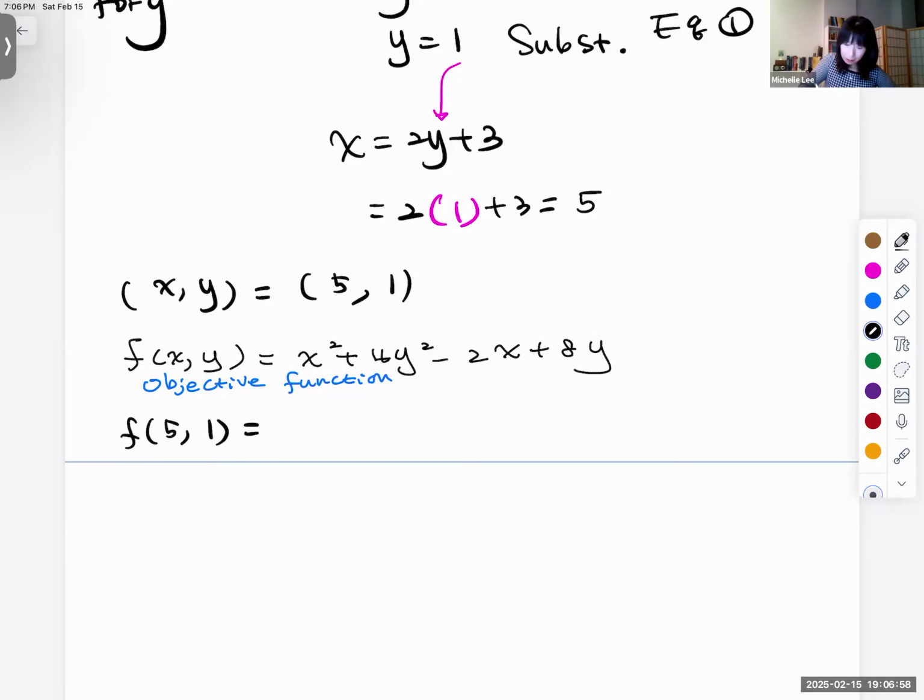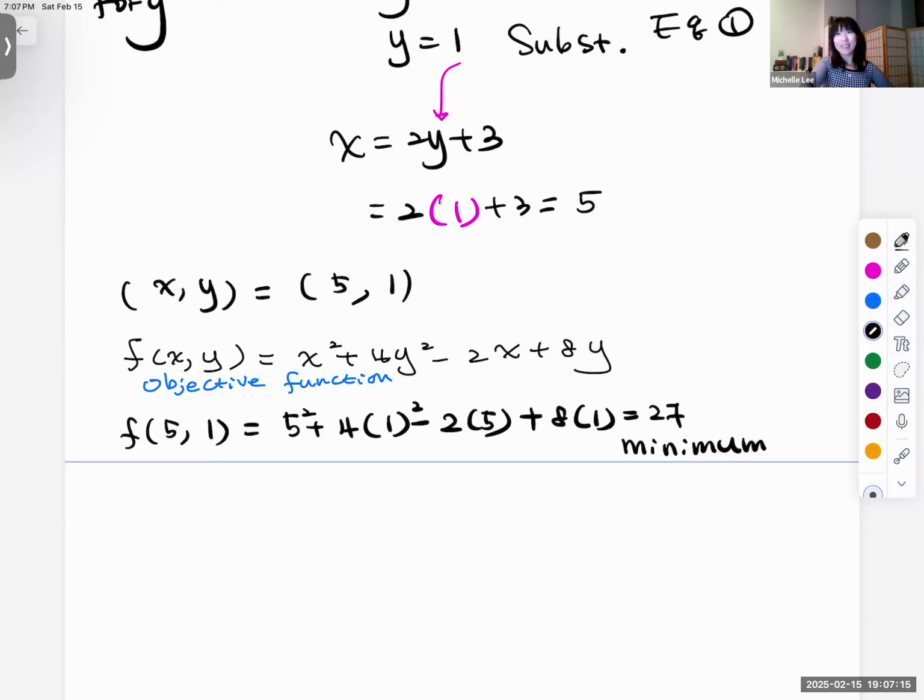So we have 5 squared plus 4 times 1 squared, minus 2 times 5, plus 8 times 1. Then we have 27. That would be the minimum.